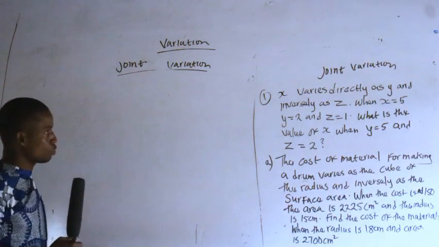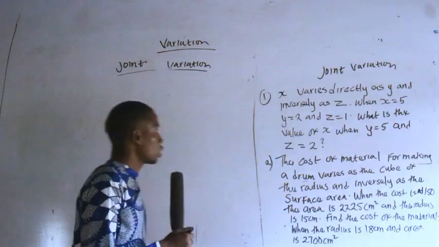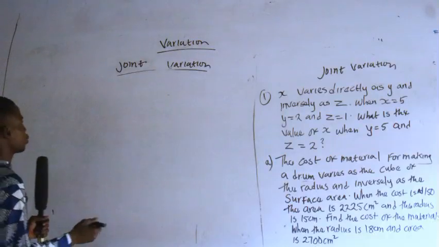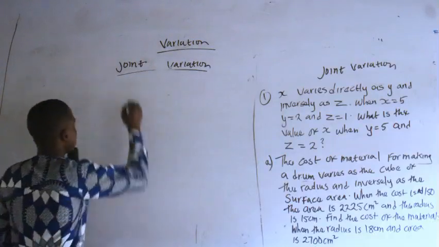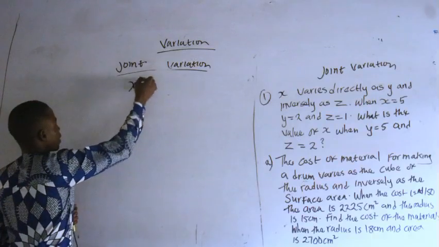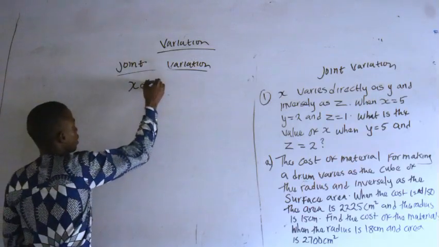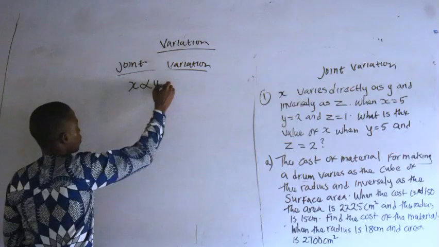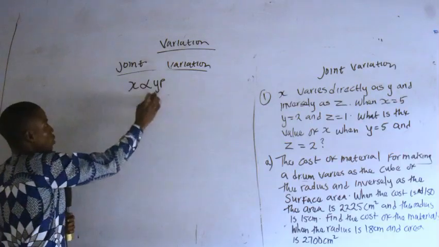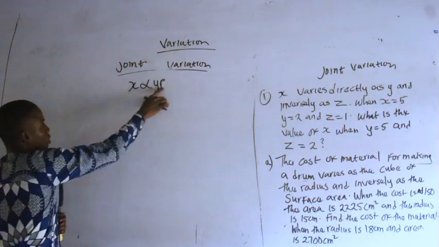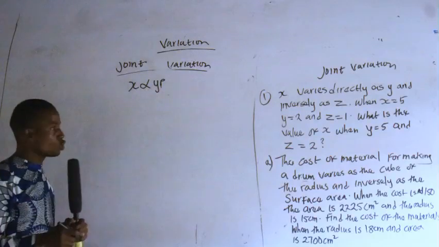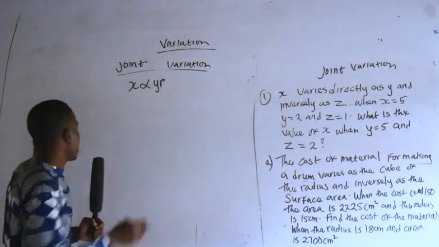Joint variation. And what do we mean by joint variation? Joint variation normally is like X inversely as Y, or anyone we join together. Look at this one now, it's joined together. That's joint variation. Now, how can we do this one?